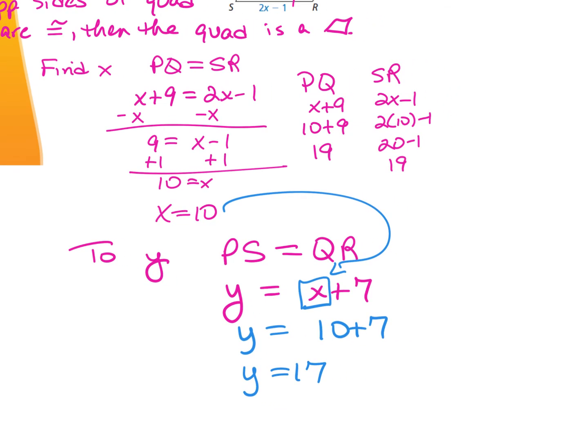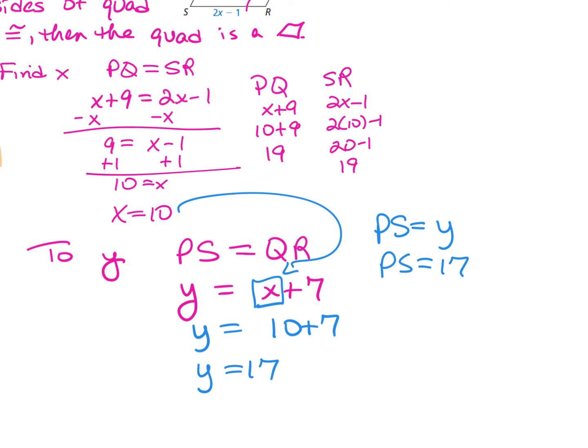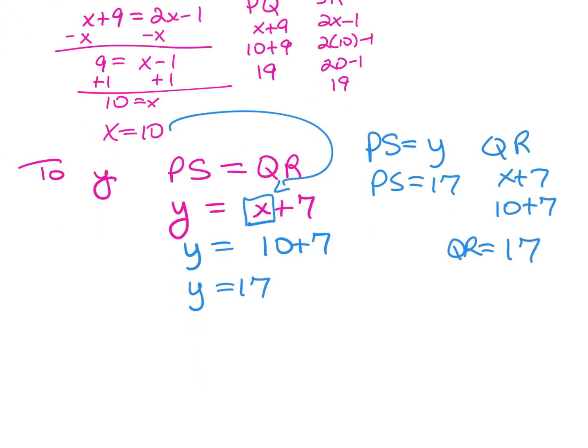So PS equals 17. And then QR is x plus 7, so if x was 10, 10 plus 7, QR is also 17. So my two values will be x equals 10 and y equals 17.